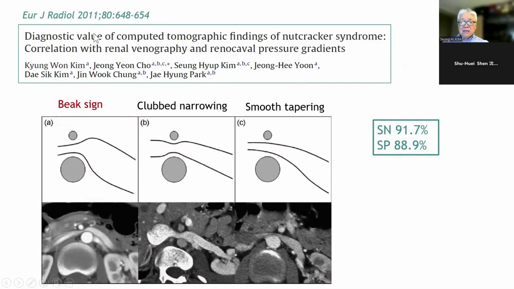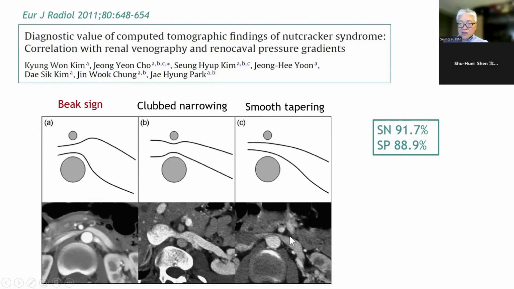And this was a paper written in 2011. In this first, early experience with the CT findings of Nutcracker, we tried to make a diagnosis of Nutcracker phenomenon by using the morphological changes of the left renal vein between the abdominal aorta and superior mesenteric artery, like this beak, like this clubbed narrowing or smooth tapering.